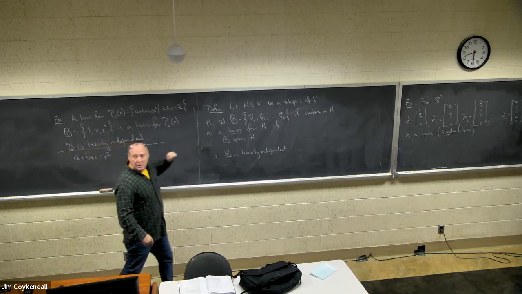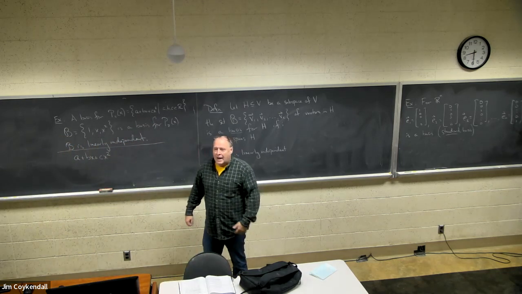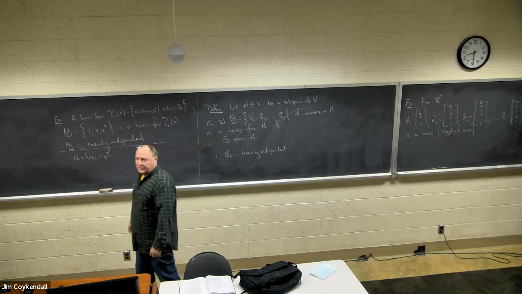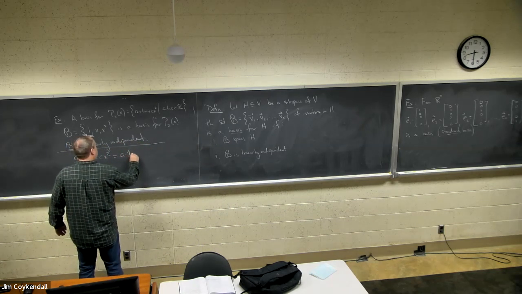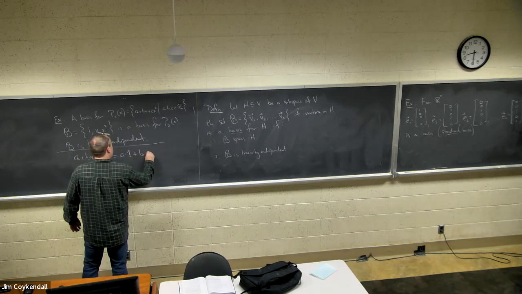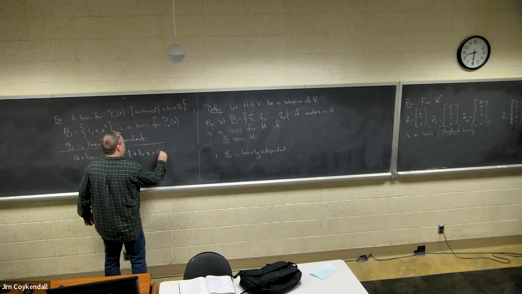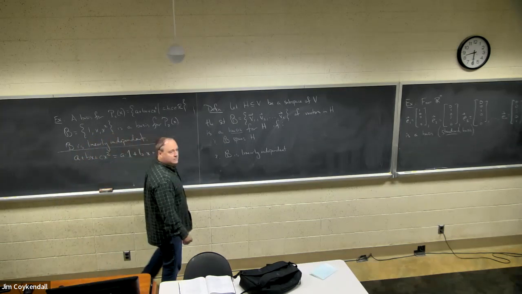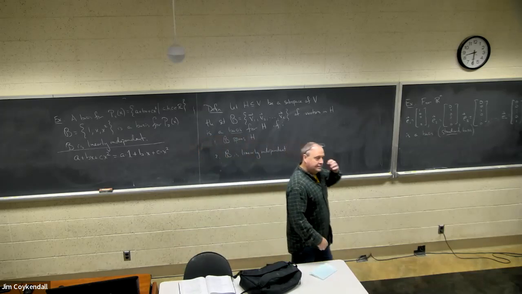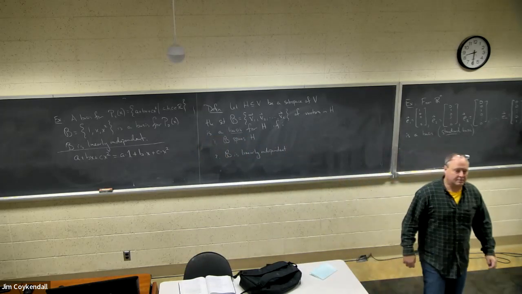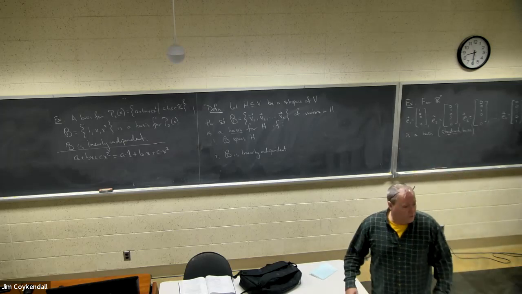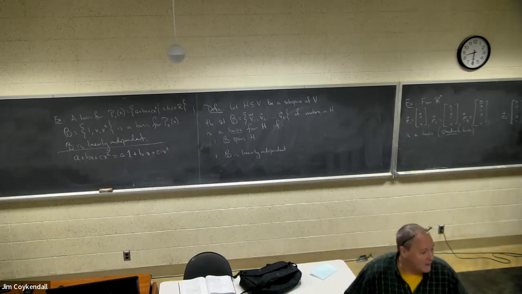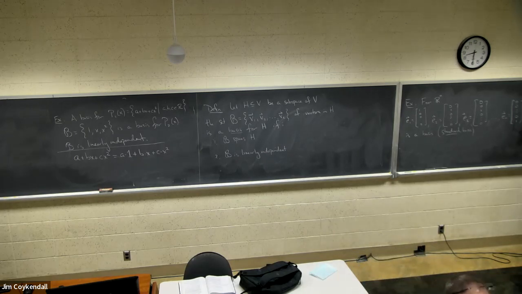See, that's what they all look like, right? How can I write this in terms of the basis? Well, this is just a times 1 plus b times x plus c times x squared. Everybody okay with it? So now we see that that set spans. Any degree 2 polynomial can be written as a linear combination of that.